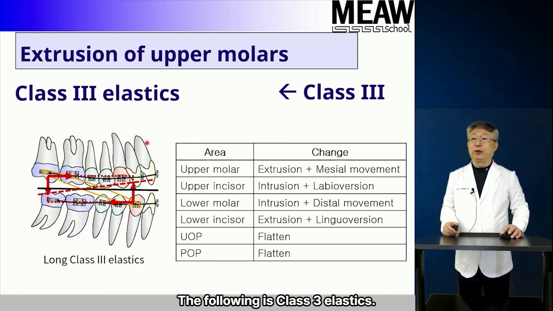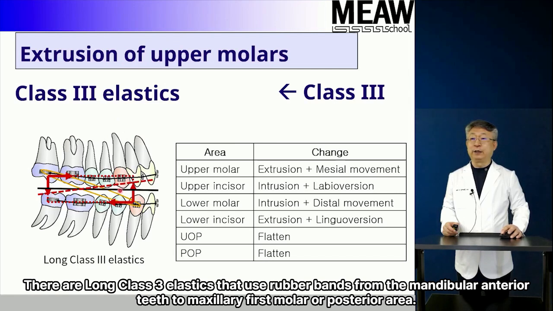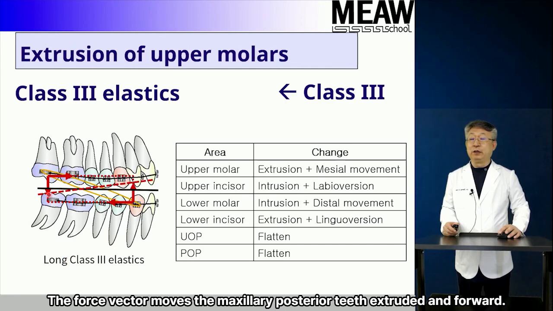The following is Class 3 elastics. There are long Class 3 elastics that use rubber bands from the mandibular anterior teeth to the maxillary first molar or posterior area. The force vector moves the maxillary posterior teeth extruded and forward.